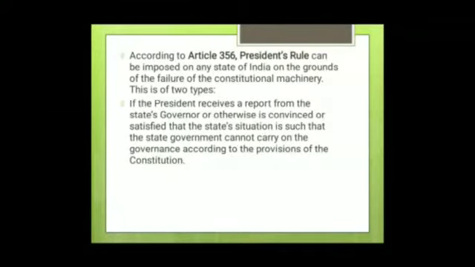So if any state's governor conveys through a report to the president that in his view the state is not governing properly or constitutionally, and if the president is satisfied, then the president can proclaim the emergency in that state, right?